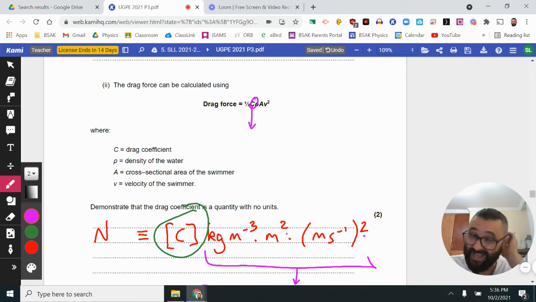Some of you actually said, change the temperature of the water, or come back and swim later on in the day when the water's hotter, so it's going to be less viscous. Yeah, the physics stands up, but in terms of the context, it doesn't. If you're a swimmer calculating the drag force and how that's going to affect you, changing the viscosity of the water is unfortunately not going to be an option to you.